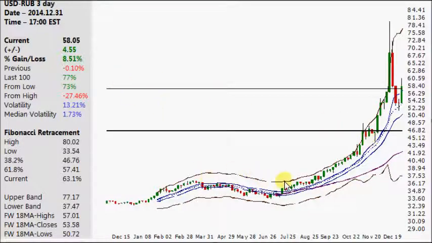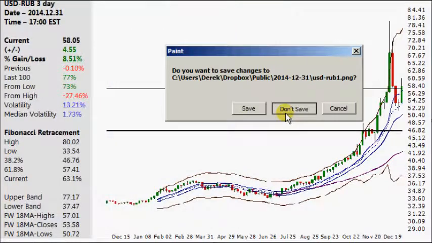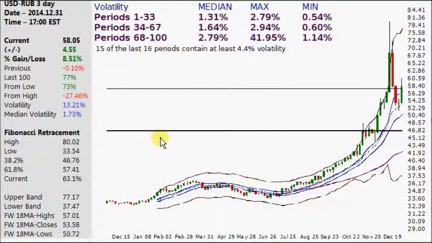But looking at some more of these volatility stats, I got this set up in thirds. Within the first 33 or so periods, the median volatility was 1.31%. The largest for the 3-day time frame was 2.79%, and a little over 0.5% was the lowest volatility.